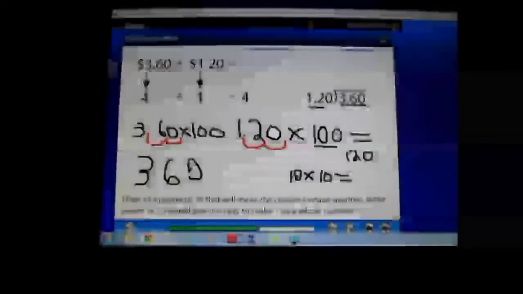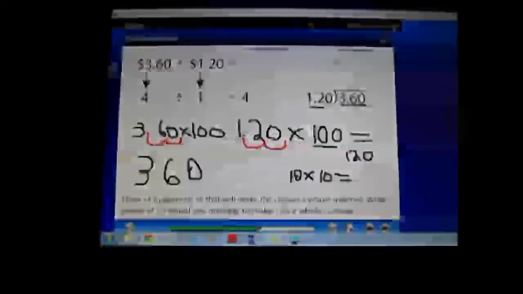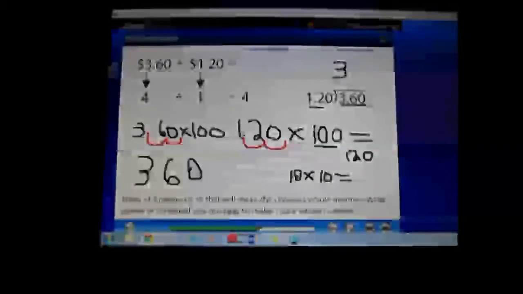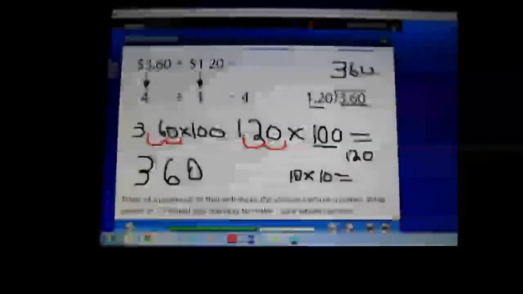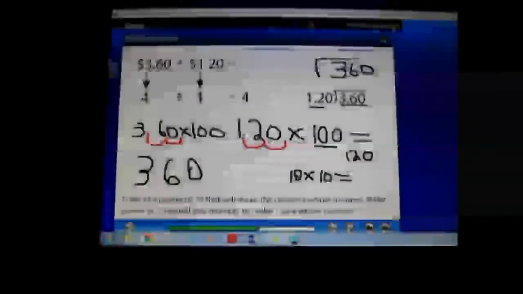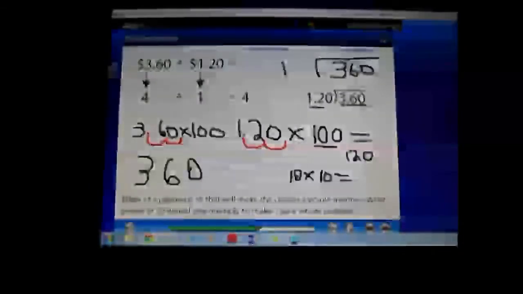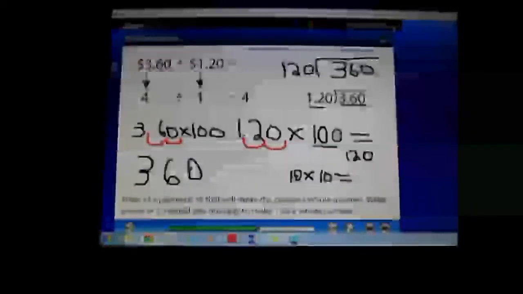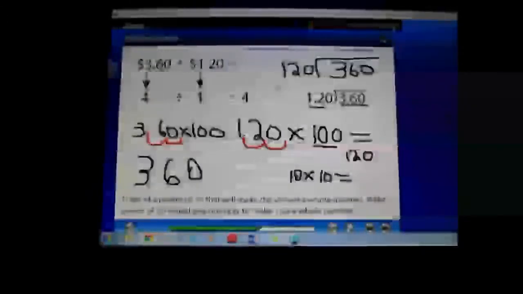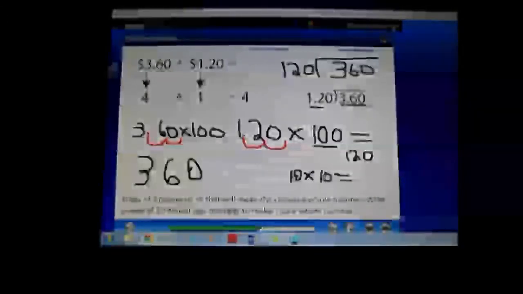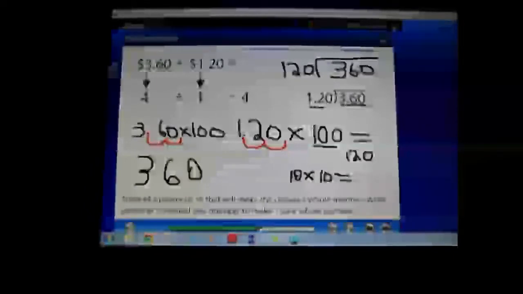Now I just rewrite it as whole numbers. My new dividend is 360. My new divisor is 120. And we follow the same process with the carets, and you could still make the T-chart with the different multiples of 120 multiplied by those different factors.